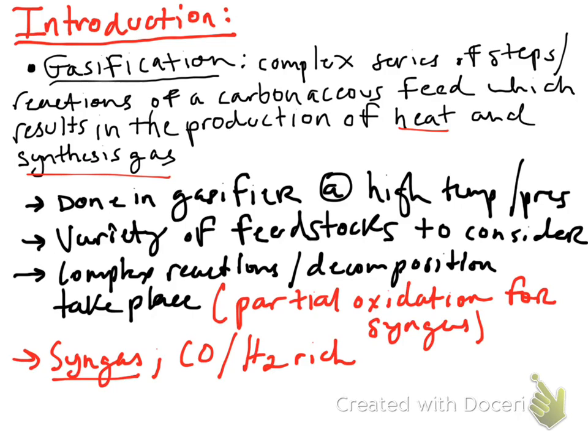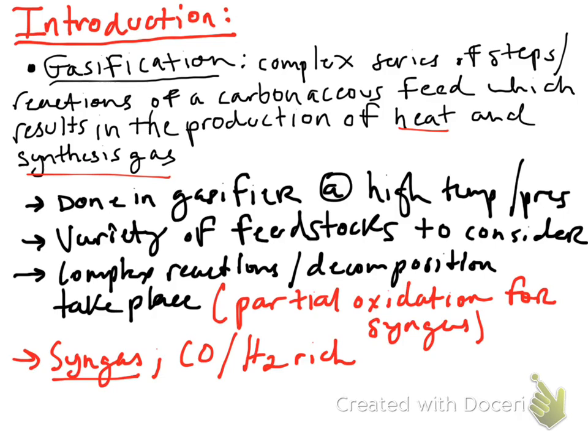Now, for those of you familiar with chemistry, the products of partial oxidation, or partial combustion if you will, are carbon monoxide and hydrogen instead of the complete combustion products, which are carbon dioxide and water. So the production of this syngas is a result of that partial oxidation or partial combustion process.